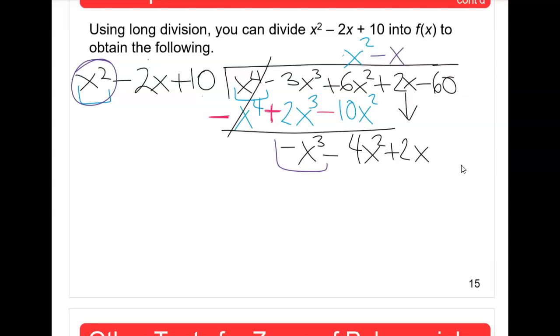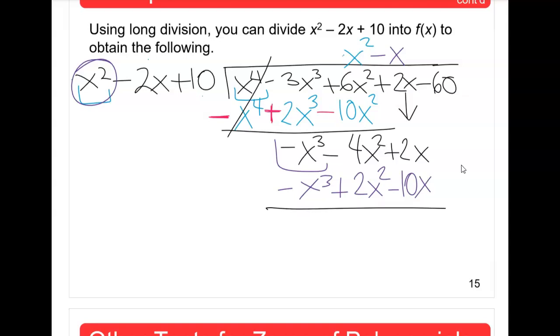Then I'm going to multiply. So I will get negative x times x squared is negative x cubed. Negative x times negative 2x is positive 2x squared. And then negative x times 10, negative 10x.